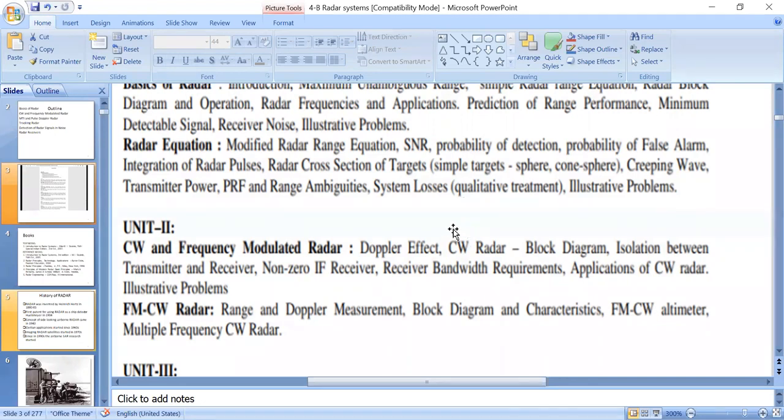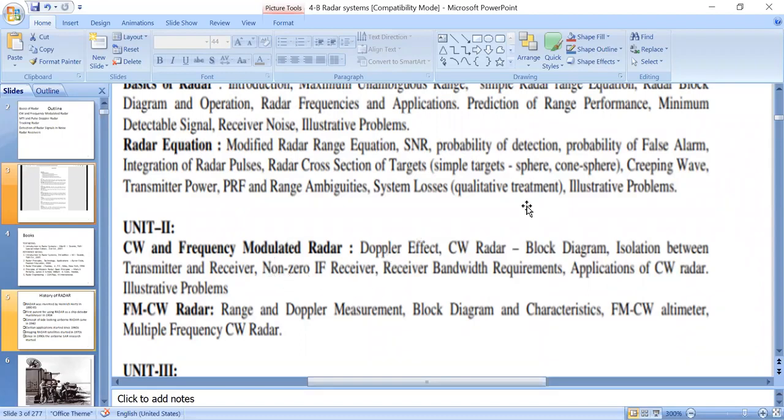The first design was the basic continuous wave Doppler radar, where we analyzed the drawbacks. We avoid two drawbacks noticed in the basic continuous wave Doppler radar, the first one being flicker noise and the second one being isolation, by using continuous wave Doppler radar with non-zero IF receiver.